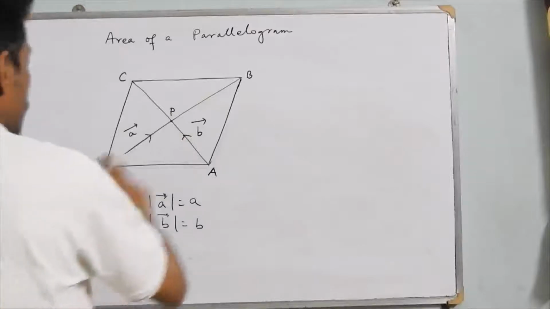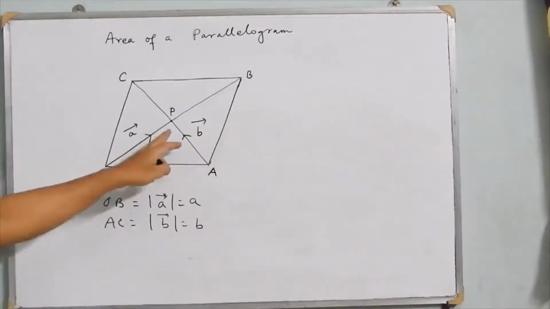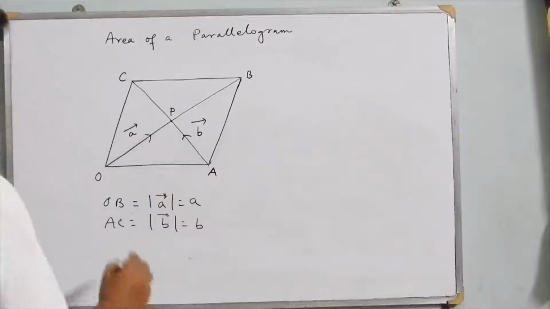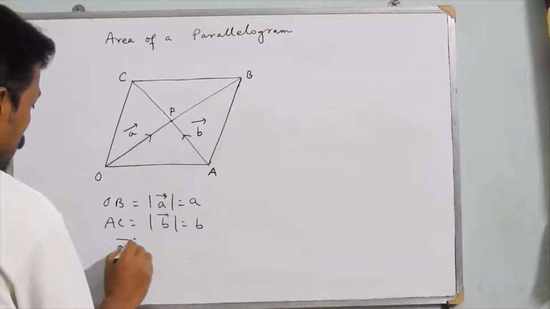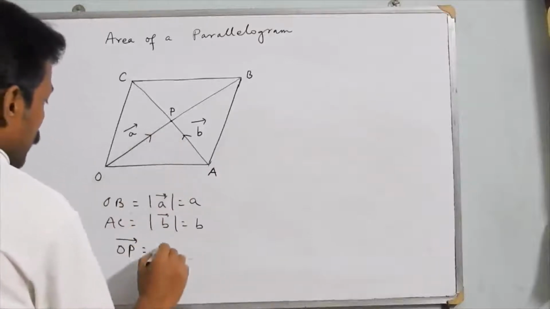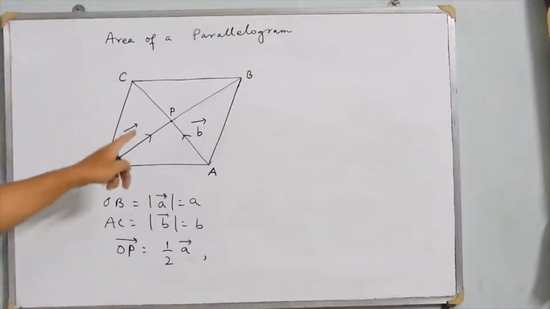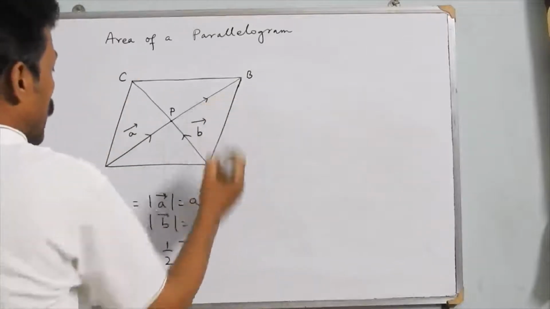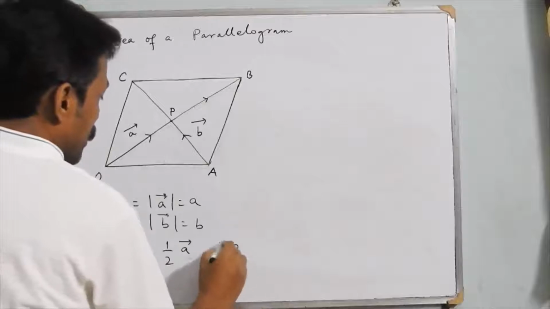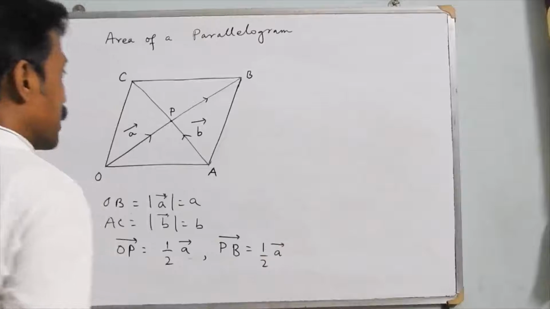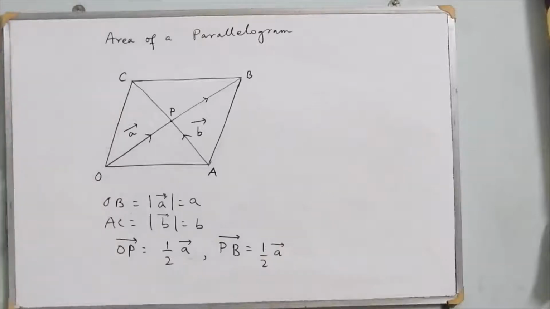So as the point P bisects AC and OB, OP vector is half of A vector and PB is also half of A vector. Direction is same and the magnitude becomes half actually, because diagonals get bisected at the point of intersection.